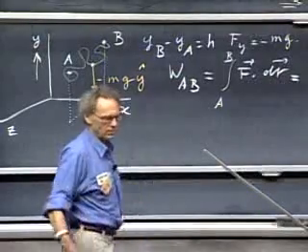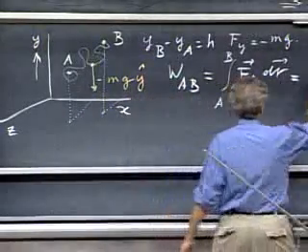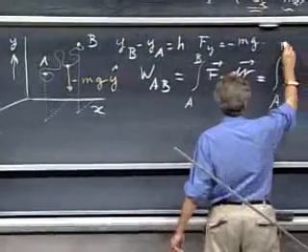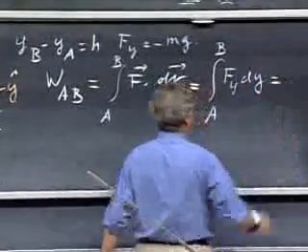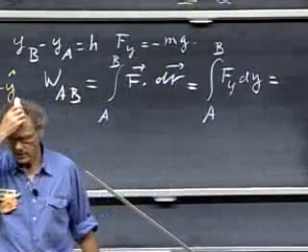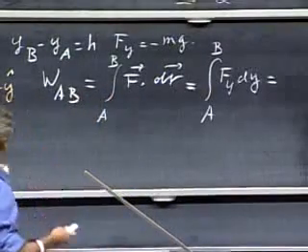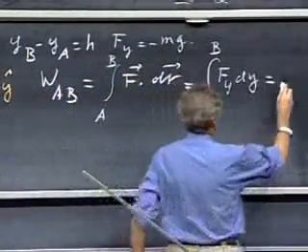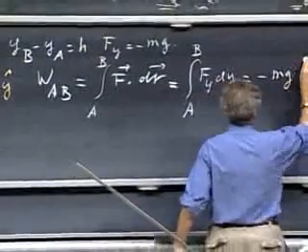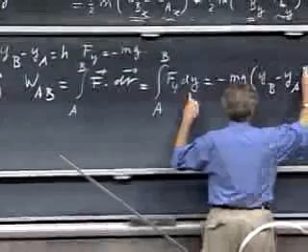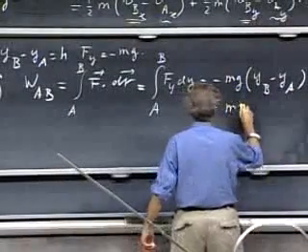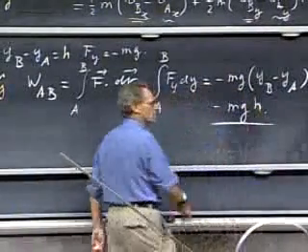The other terms have nothing in it. So it is the integral from A to B of fy dy. And that equals minus mg times y of B minus y of A, so that is minus mg times h.